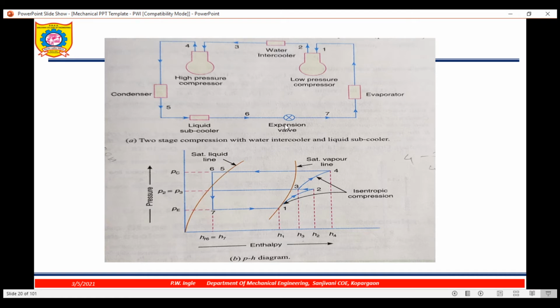Then there is the expansion valve. In the expansion valve, isenthalpic expansion takes place, which is represented by process 6 to 7, and then 7 to 1 is evaporation. Then again 1 to 2, 2 to 3, 3 to 4, 4 to 5, 5 to 6, 6 to 7 and 7 to 1. This completes the cycle of two-stage compression with water intercooler and liquid subcooler.